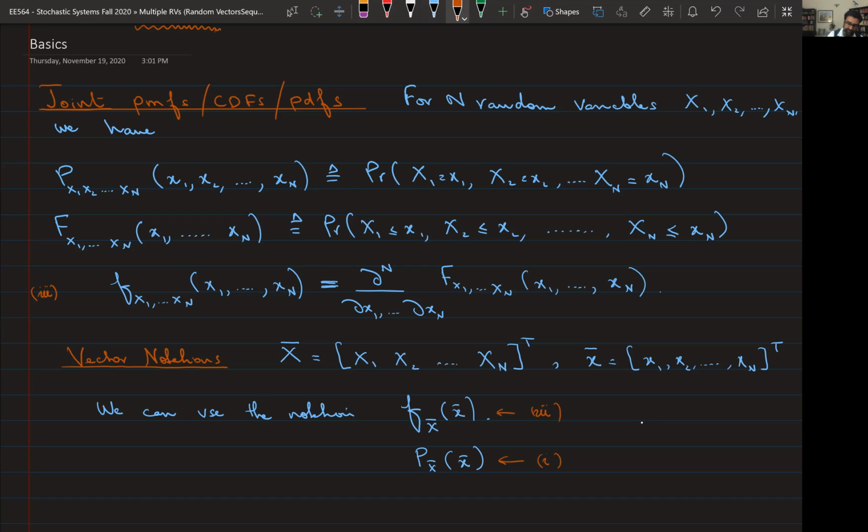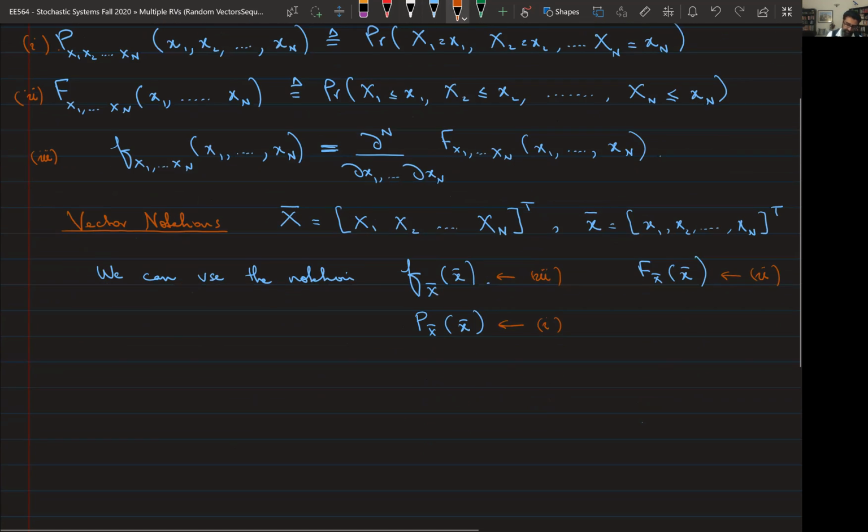And similarly, f x bar evaluated at small x bar, so this is 2. Okay, any questions here? So simple enough. So this is just a vector notation that we're going to use, all right?